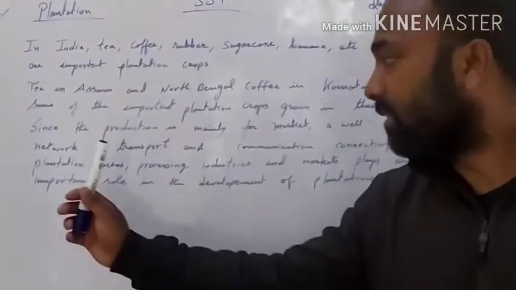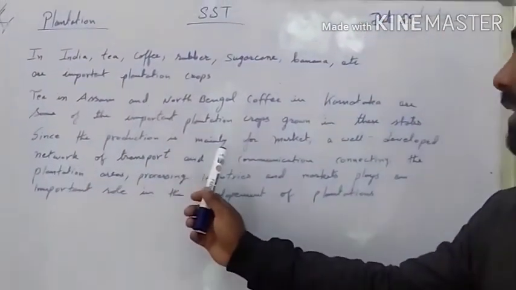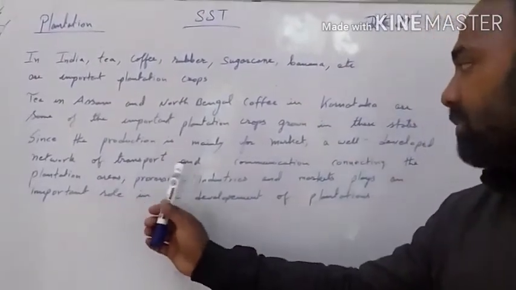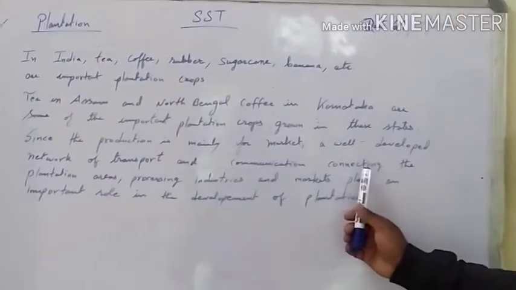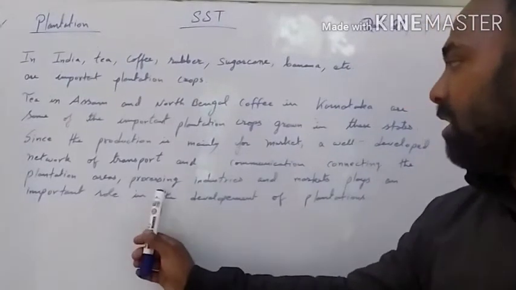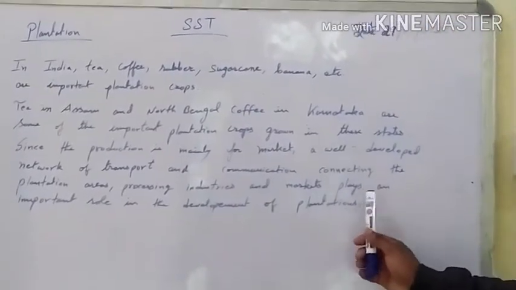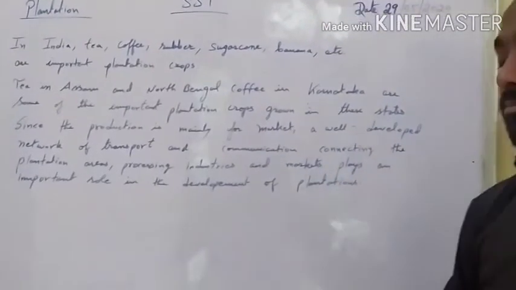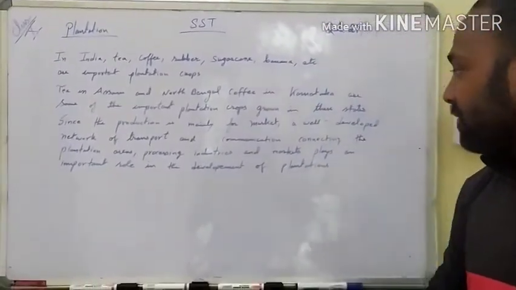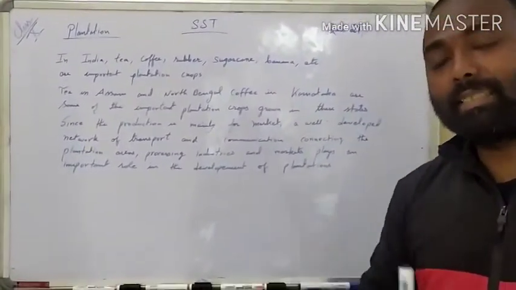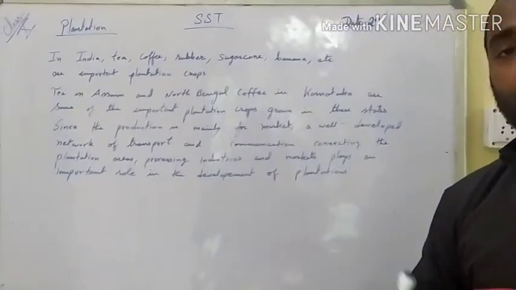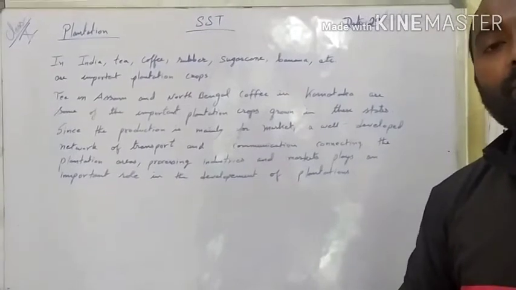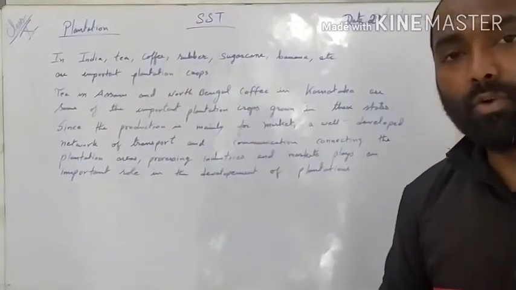Now the next is, since the production is mainly for market, a well-developed network of transportation and communication connecting the plantation area, processing industries and market plays an important role in developing of plantation. Doing plantation of the crop is not enough, it has to be circulated in the market, it has to be sold.